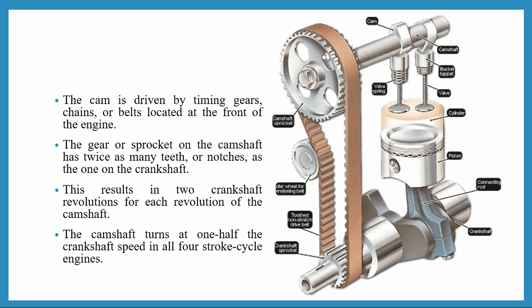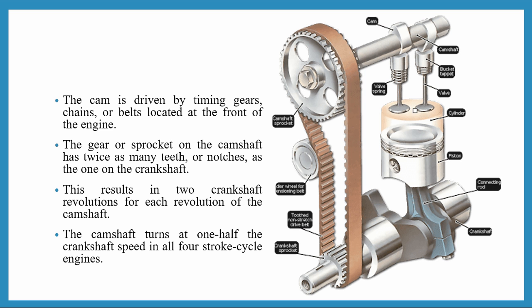So students, here you can see this picture. This one is called the camshaft pulley. This one is called the camshaft belt. This one is the crankshaft sprocket. Here is the crankshaft. This one is the connecting rod. Here is the piston. Here is the cylinder.